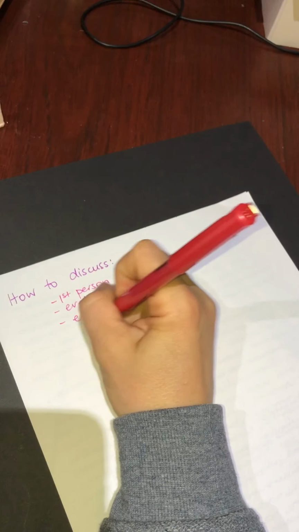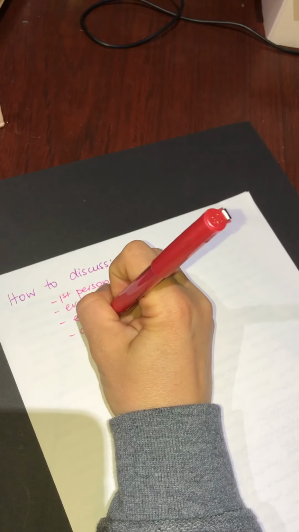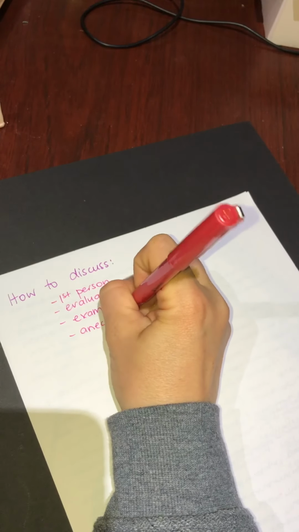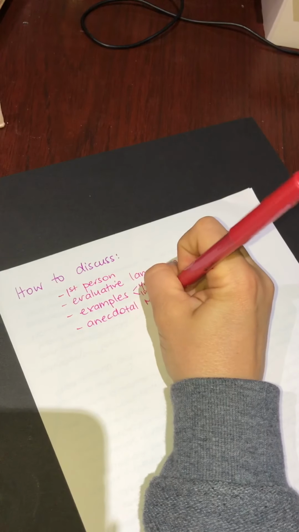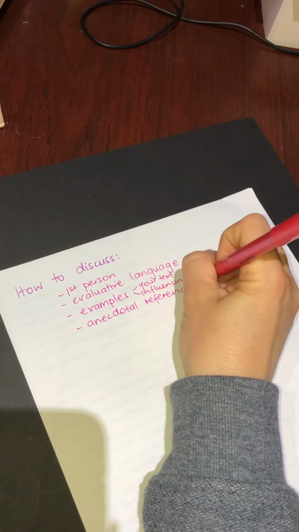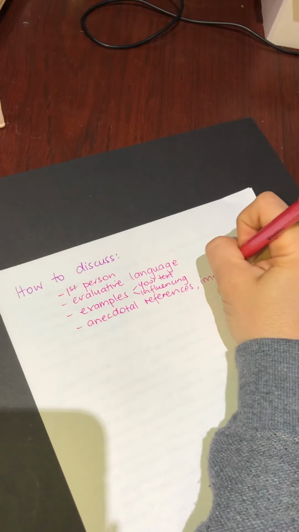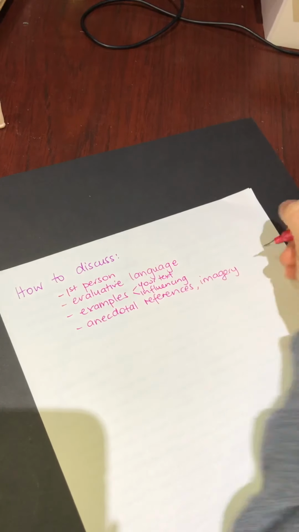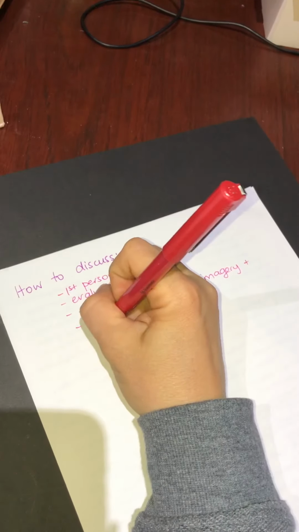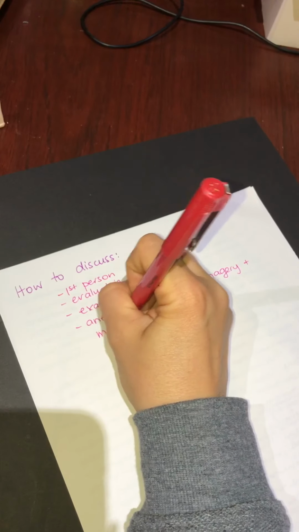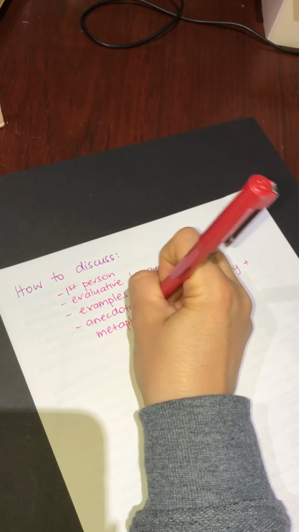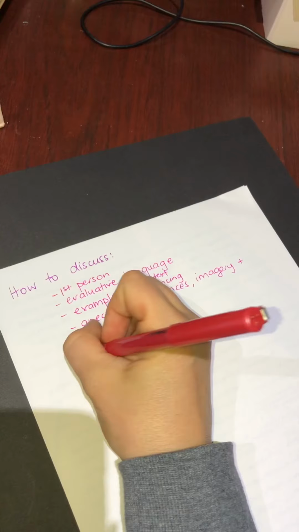Okay, you could use anecdotal references, they say. Imagery, metaphors. So in your actual reflection, you can use literary techniques if you wish to. So they're opening it up. You can do a lot of different things with this.